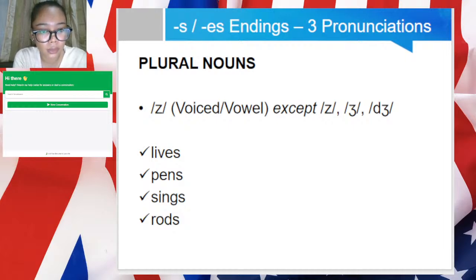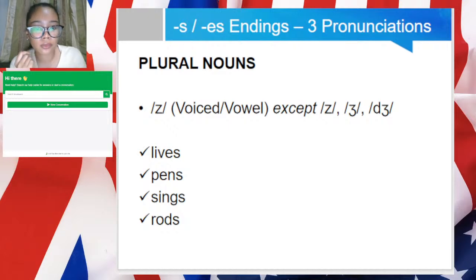It's voiced and vowel, except the sound z. Again, this is pronounced as z. So except that one, and then another is zh, like television. I mean vision, like vision.